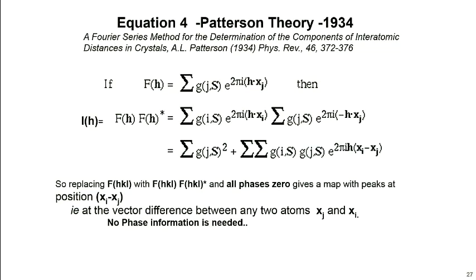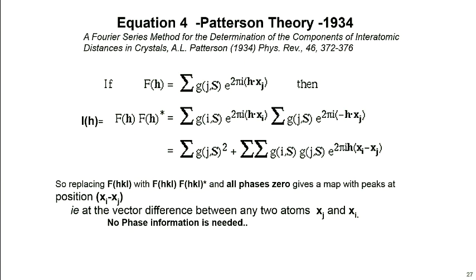And the fourth equation that we need to know about is the Patterson. And again, you can work out why Patterson is a good thing, but you can calculate a Patterson without any phase information, simply summing using the intensity, which is a function of FH by FH star, so the phases cancel out.